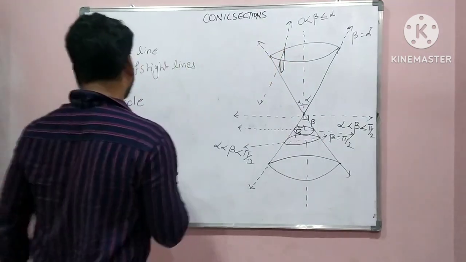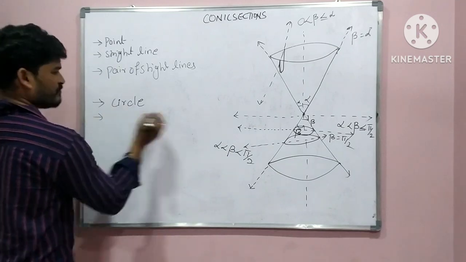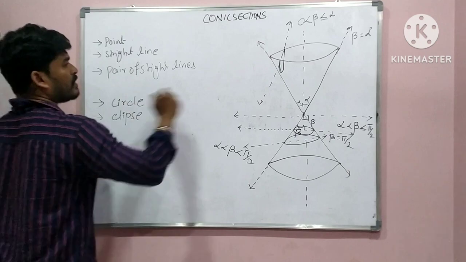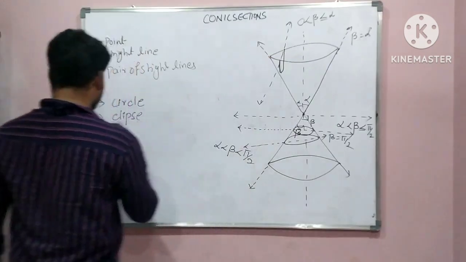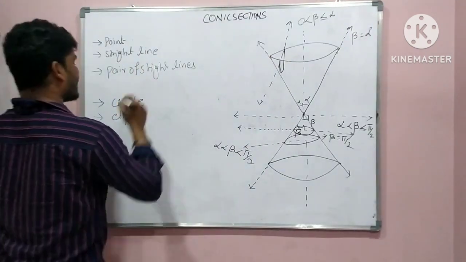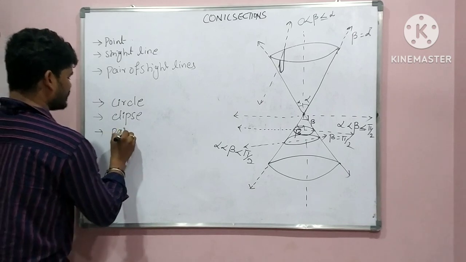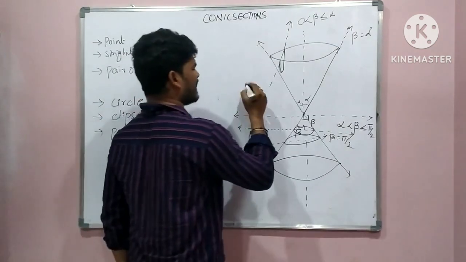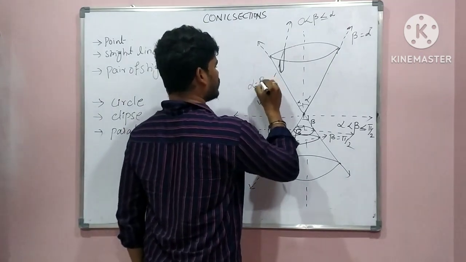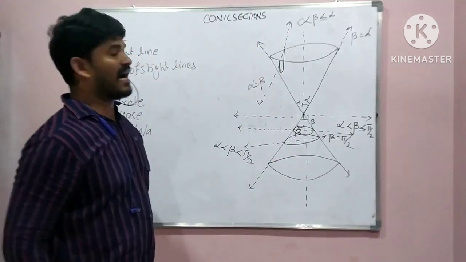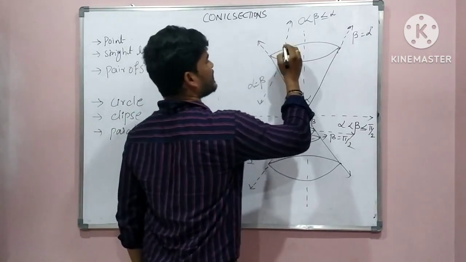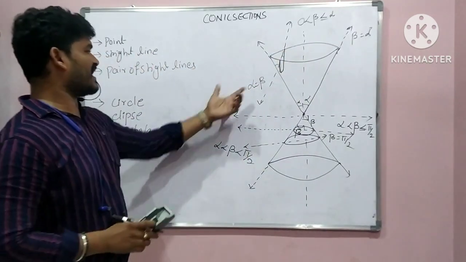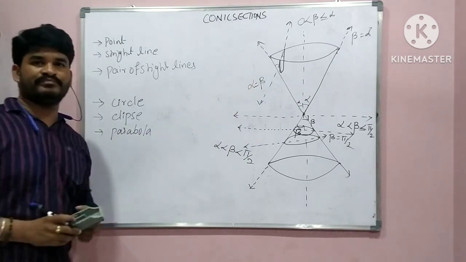This shape is different from the ellipse we got before. What is this shape? Parabola. For the parabola, the angle of cut is alpha equal to beta. When we cut the cone at this angle, we get a parabola.